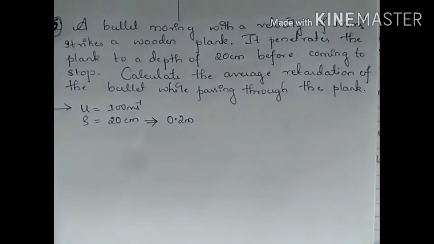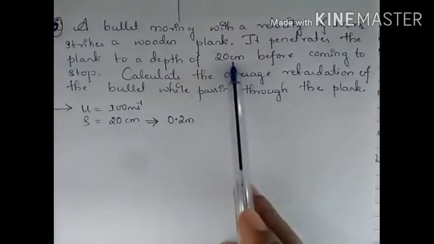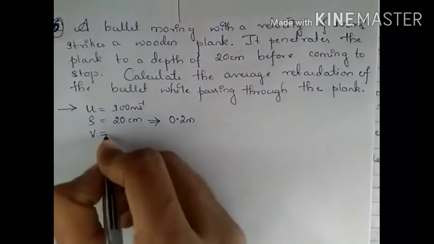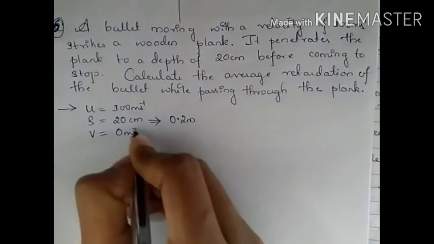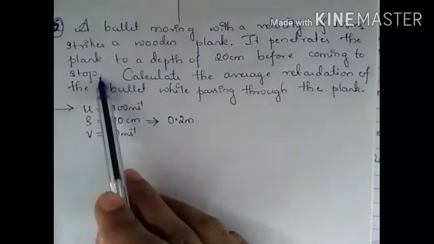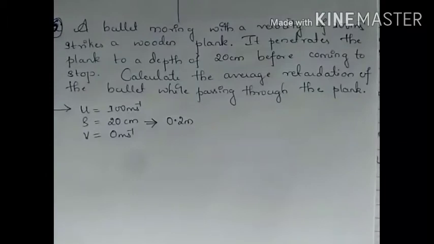Now next, when the bullet penetrates, after the depth of 20 centimeters, the velocity of the bullet will be equal to 0. Why is it 0? Because it comes to rest, or it stops. When a bullet stops, the velocity of the bullet will be equal to 0.